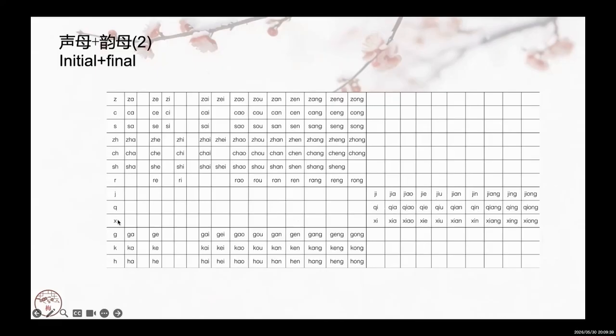So for G, Chi, Shi, it combines with just a small part of the finals or the vowels. So everywhere when you see a blank cell, that means there is no such pronunciation in the Chinese system.